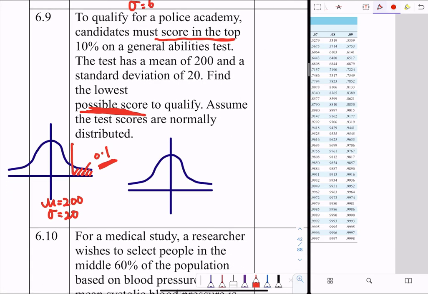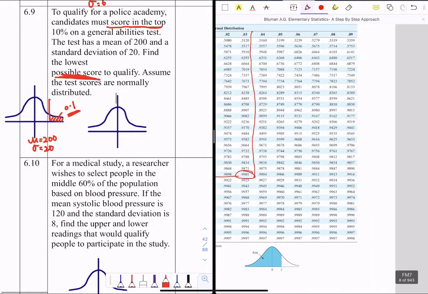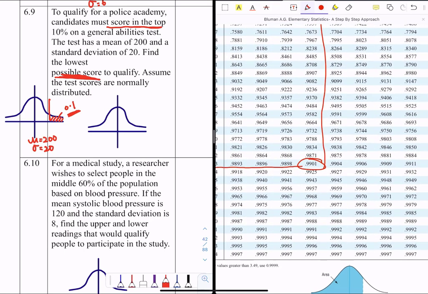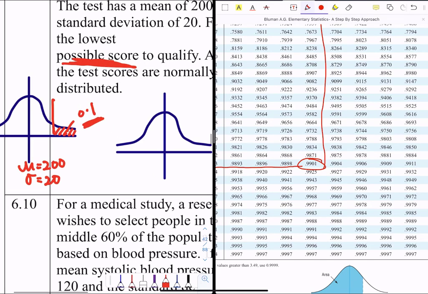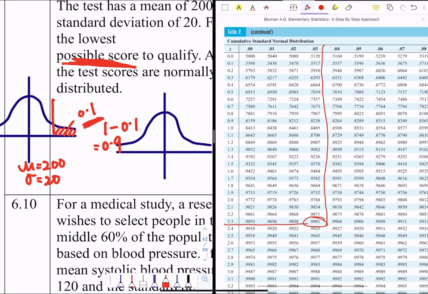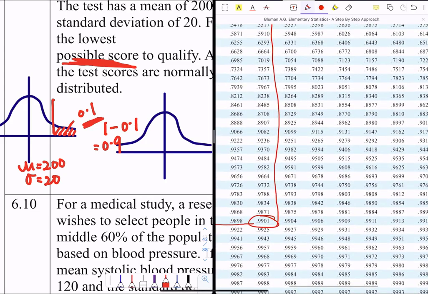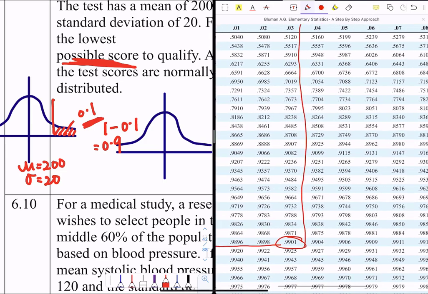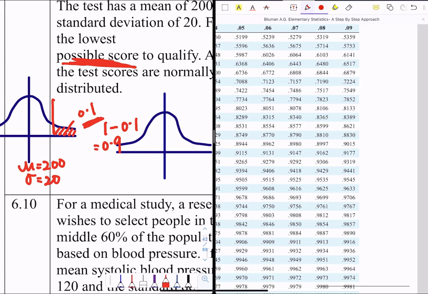Of course we can find the Z score here. Because of 0.1, we cannot find 0.1 in this table. What we do is we subtract from 1. After 1 minus 0.1, we get 0.9. Then we find 0.9 here. Where is 0.9? Here.